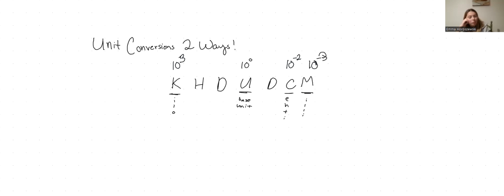So if we are multiplying inward towards the base unit, you are going to use the multiplier as is. Let me show you an example of what that would look like by using the multiplier as is.